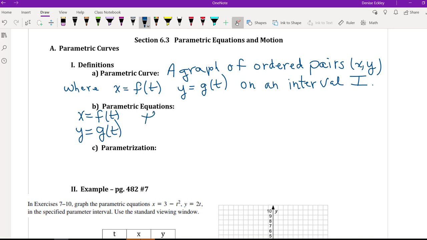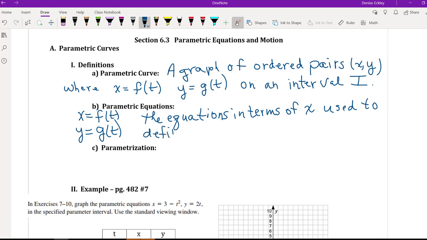So these are the equations in terms of x used to define a two-dimensional vector, which is something we did not discuss in chapter 1.